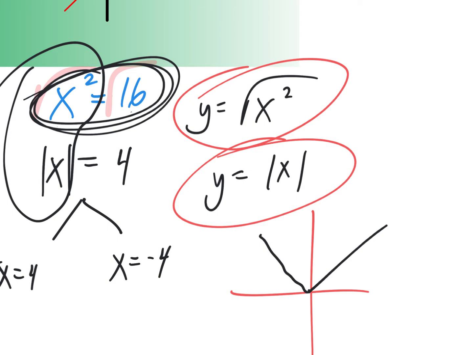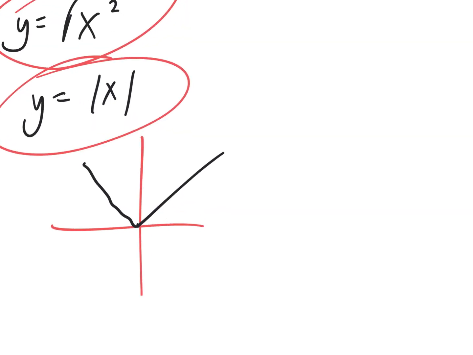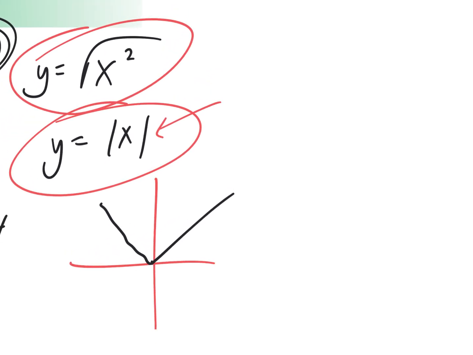But would you agree that part of your answer when you do this is that you can take the square root and say that it's just x? Because you're going to break it into 2 equations, x equals this and x equals that, right?